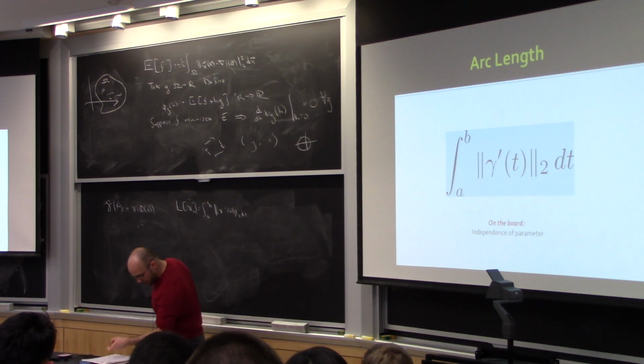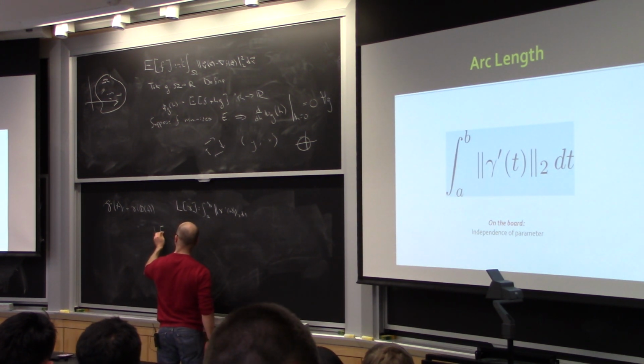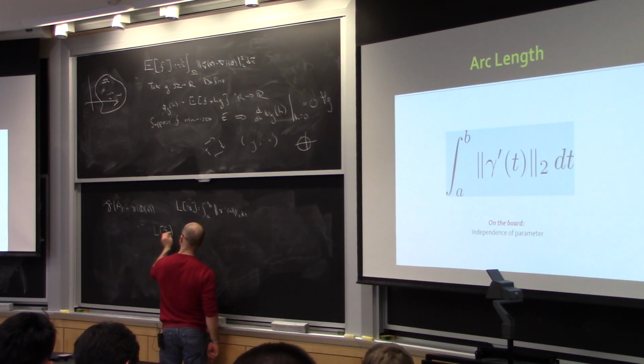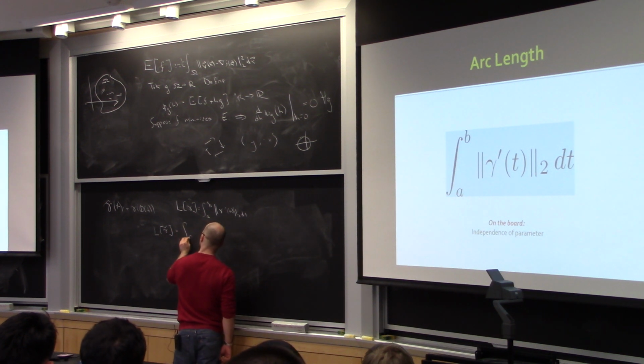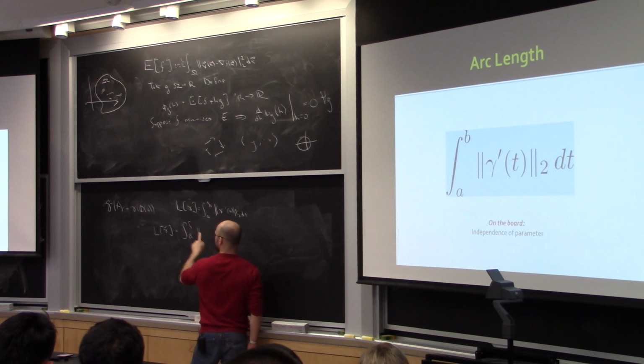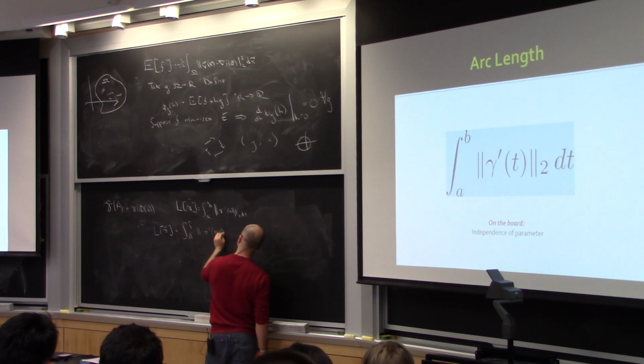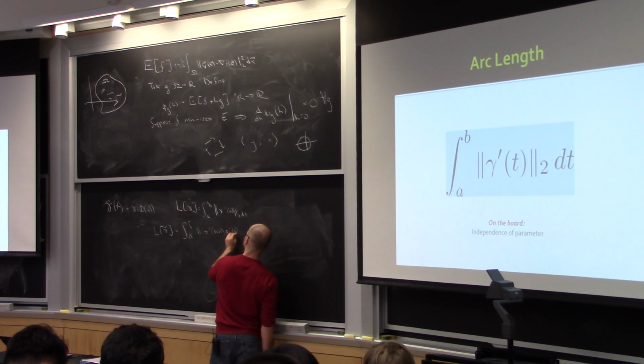All right. So let's say that I want to compute the length of gamma squiggle here. Well, what is the derivative of this thing? Well, it's really gamma prime of phi of t, times phi prime of t.